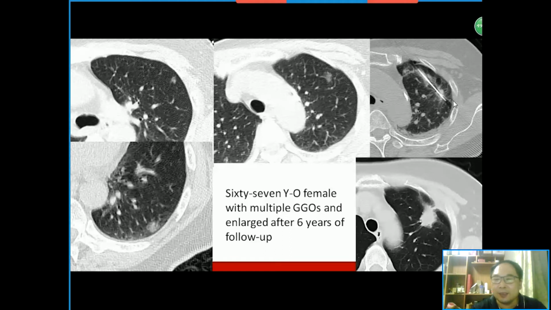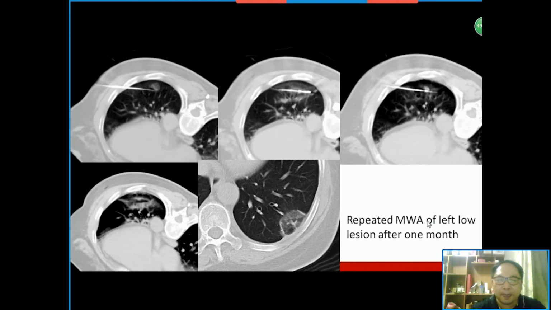This is one needle, one antenna, and we pierce from one lesion to another. With one needle, we did ablation of this lesion, and 1 month later, we can see that the lesion shrinked, and we did another cycle of ablation of this lesion.